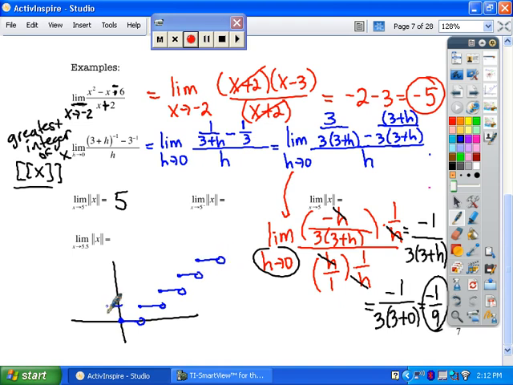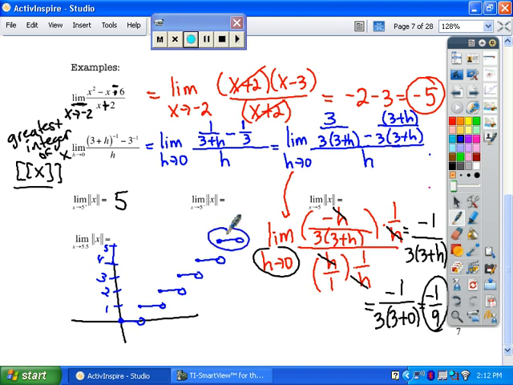So we have 1, 2, 3, 4, and then 5. At 5, it goes like this. So the question is, this is looking at the limit as x goes to 5. Is that a plus sign? Yeah, okay. So from the right, that's going to be this segment right here.